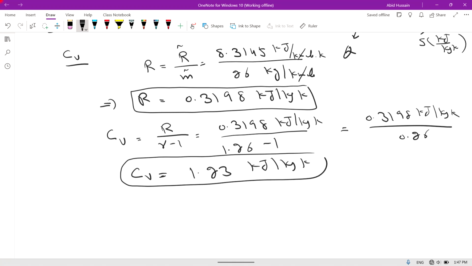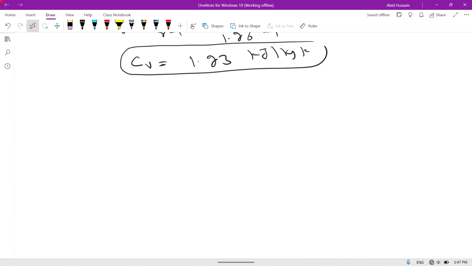Now we are finding Q. To find W, we first find Q. Basically Q is equal to T times S2 minus S1, but here T is not constant.